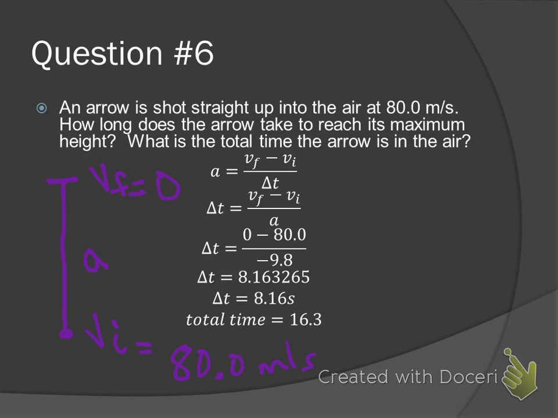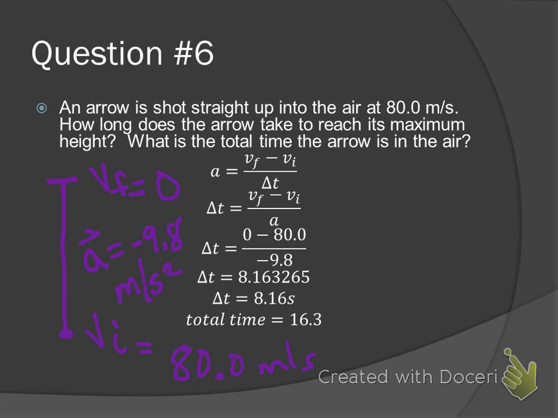And then we also know acceleration due to gravity is going to be negative 9.8 meters per second squared.